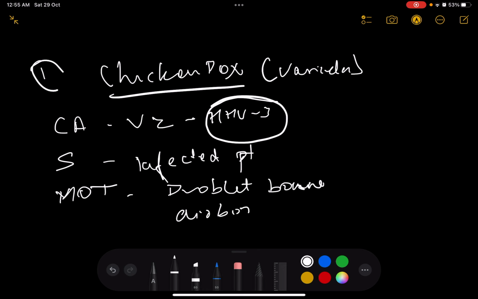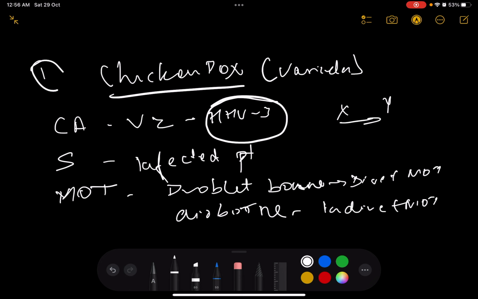If you want to understand the difference between airborne and droplet borne: droplet borne is a more direct mode of transmission, and airborne is an indirect mode of transmission. A direct mode of transmission basically means that if person X has it, person Y directly gets it. In an indirect mode, X has it, but person Y is not in direct contact with X. In airborne transmission, the particles are suspended in air, and person Y comes and gets it indirectly.